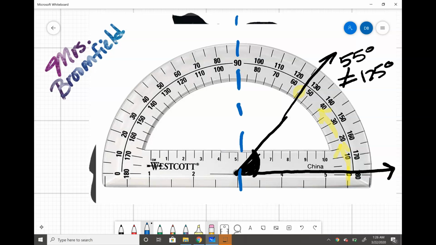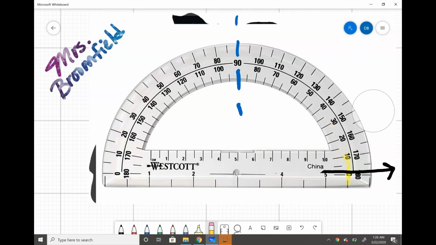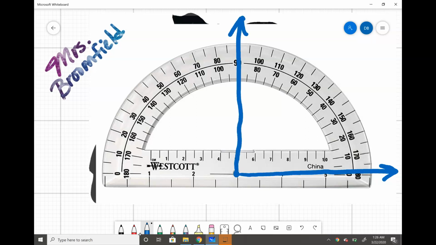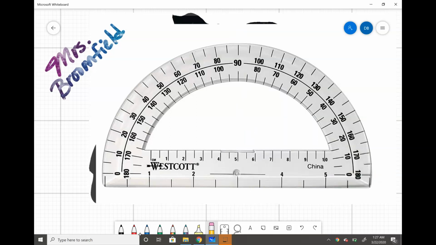Okay, let's talk about the right angle. So the right angle goes, so let's say I have another ray, and then I have a ray that goes up to 90. Okay, and that's not quite straight. Let me try that again, because it should be a straight line. So let's try that again.